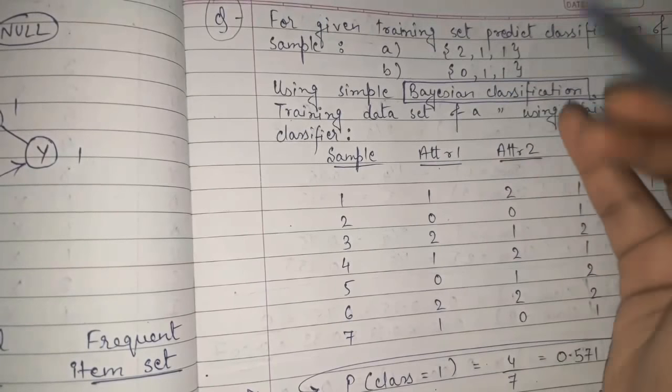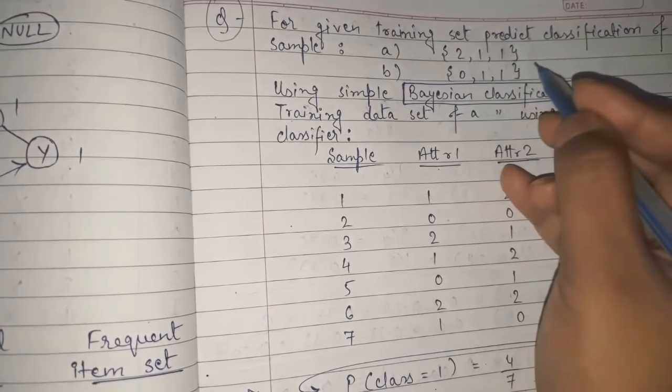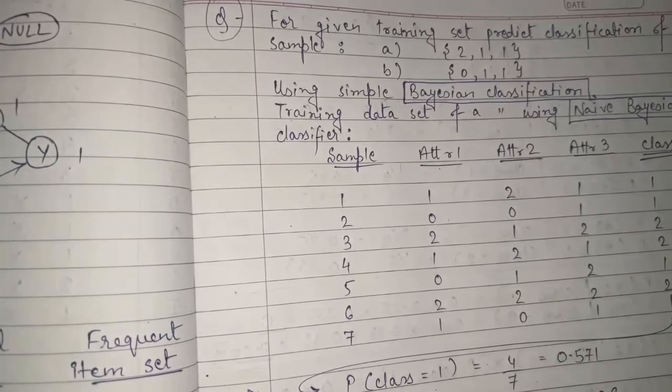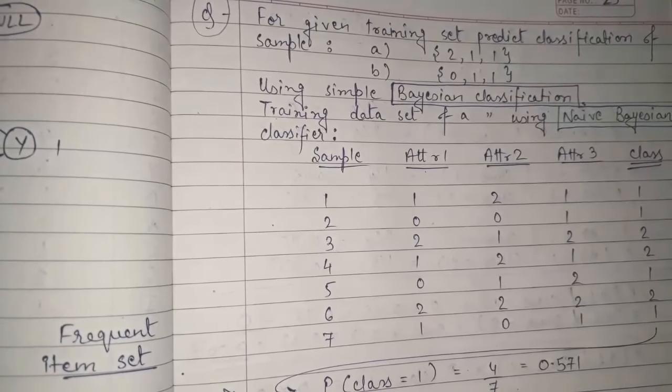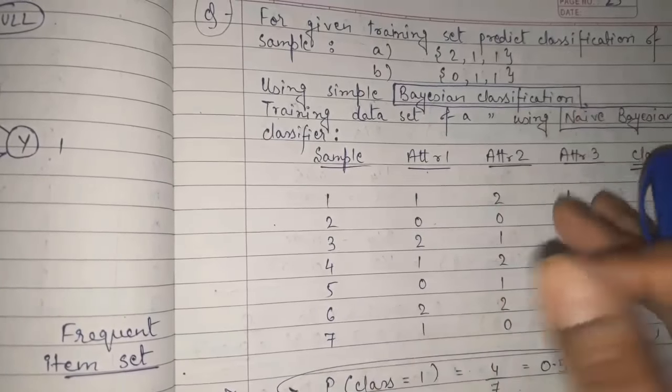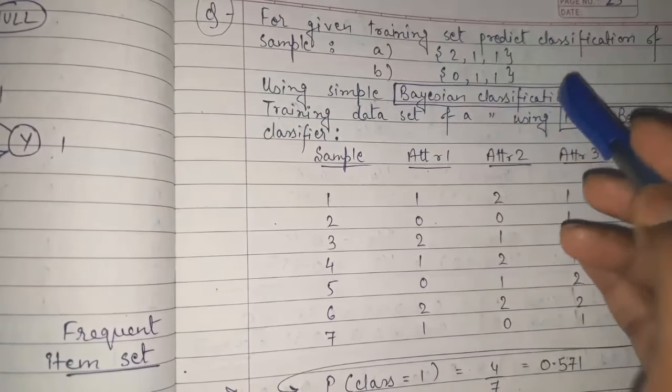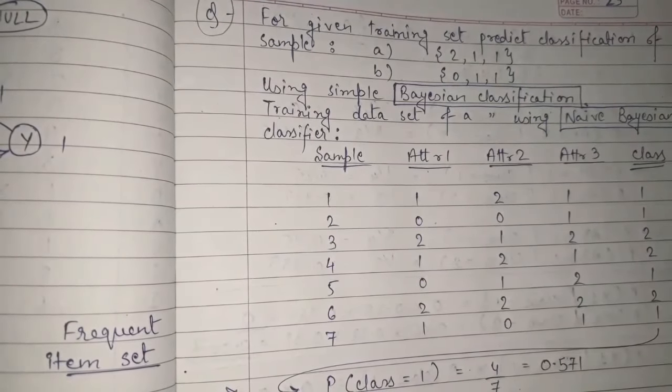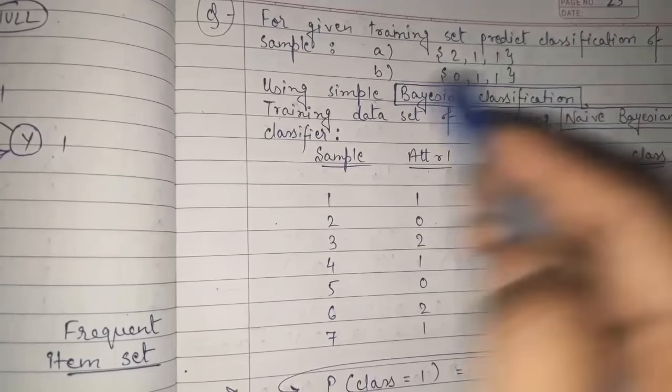Apply this whole procedure to 011 and predict its class, and let me know in the comment section what class you got with the help of this training set. That way you will get practice and know whether you are able to solve it or not. For this tuple, try to find out which class it belongs to.